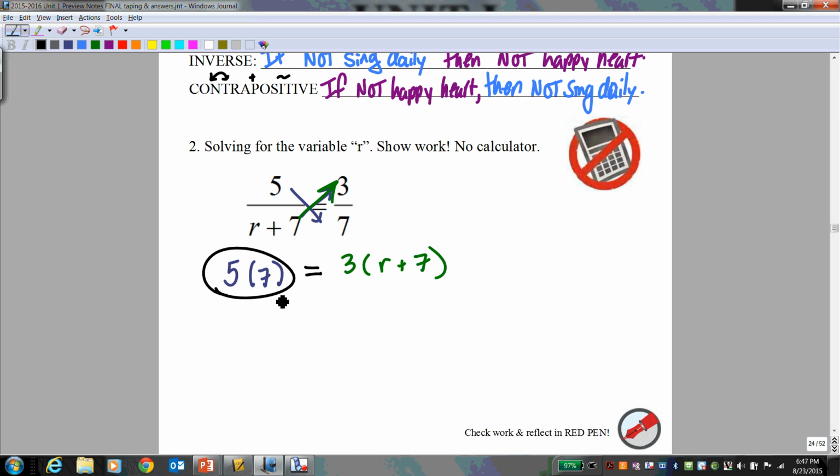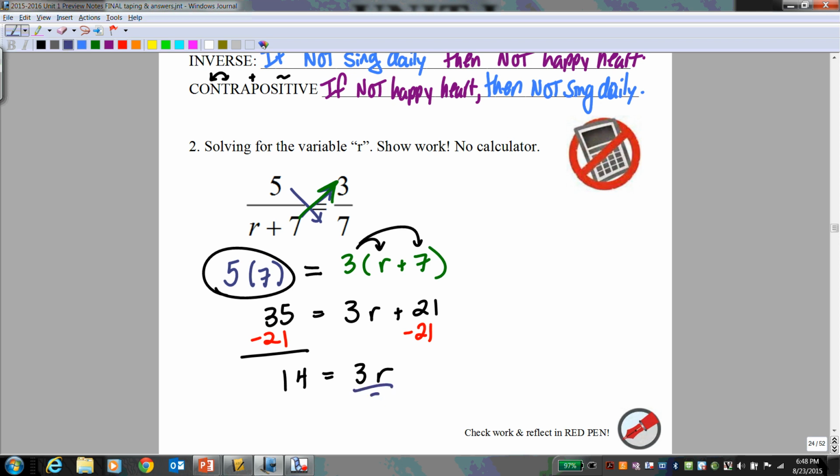Next line, we're going to multiply that out, 35. Distribute, 3r plus 21. Variables to one side, numbers on the other, so we're going to minus 21. And of course, that's going to be 4, and that's 1, and we have 3r.